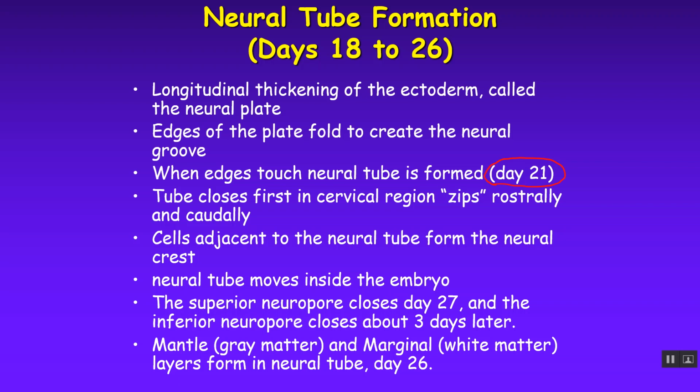I don't try to get you guys too tripped up on some of these time frames, but you should know some general, like a lot of this stuff is all happening in the first 30 days, and you should kind of know when the big differentiation is like pre-embryonic, embryonic stages. But if I give you a multiple choice, I'm going to give you numbers that if you know the ballpark number, you should get it.